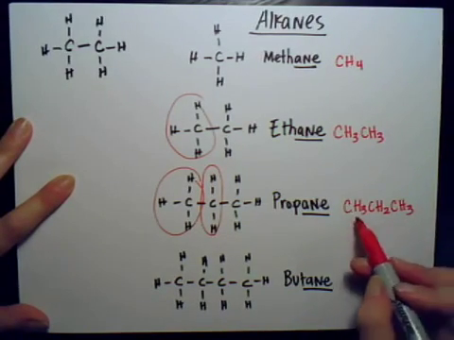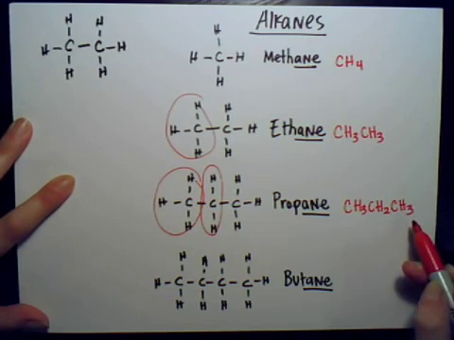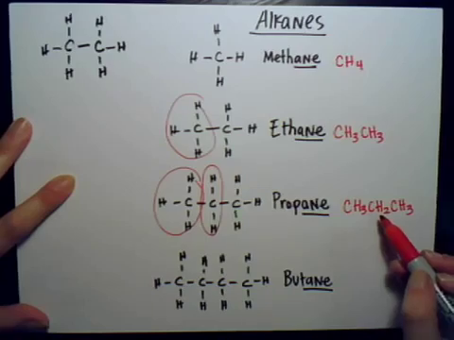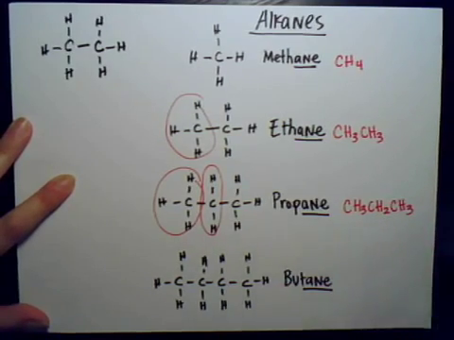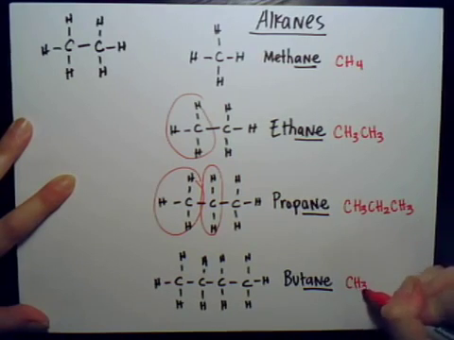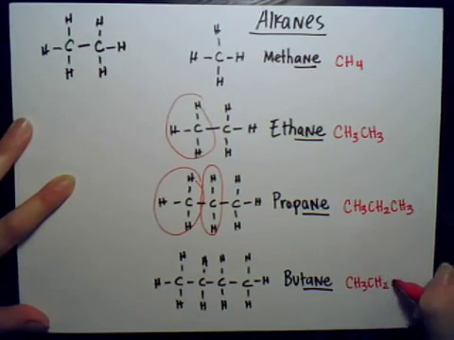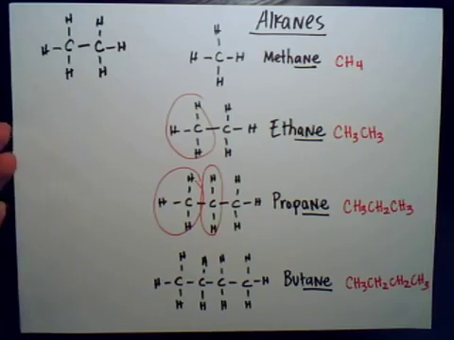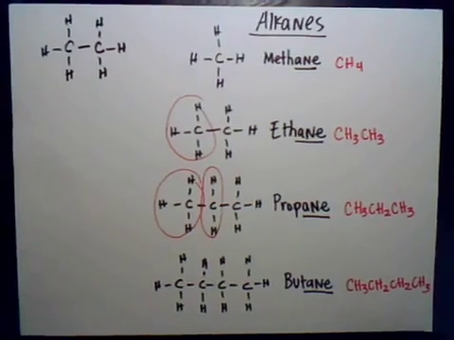If somebody gave you this, you'd be able to say, okay, that's a CH3, connected to a CH2, connected to a CH3, kind of in a line, so you're not getting confused. Same thing here: CH3, CH2, CH2, CH3. That's a much faster way of writing it.